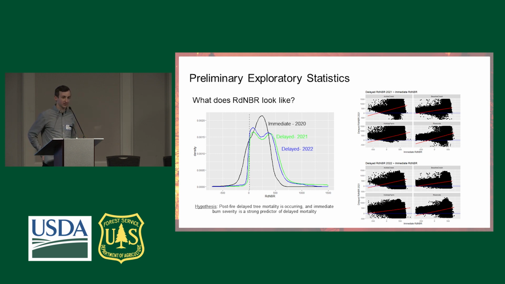If we make plots of immediate RD-MBR on the x-axis and delayed RD-MBR on the y-axis, with 2021 on the top and 2022 on the bottom, we see a pretty linear trend between those two. So we can hypothesize, and from what we understand in past literature, that delayed mortality is really a function of the immediate mortality, how much burn happened originally.